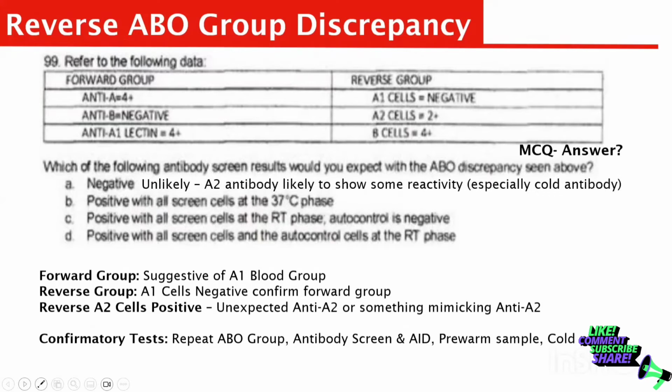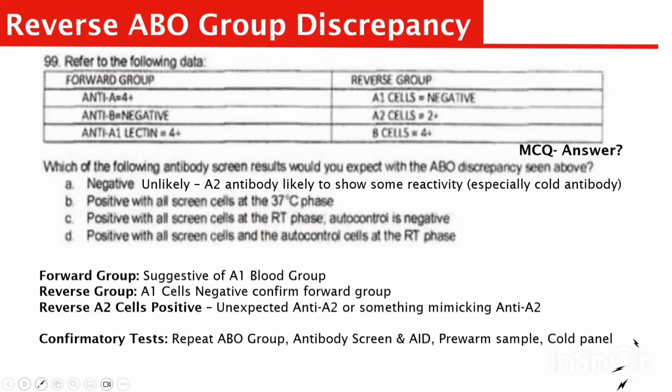One, I said it's very unlikely that it's going to be negative. Let me tell you why. If it is actually anti-A2, if it is A2 antibody, that means you can't get a negative result. It has to be positive. Something somehow has to show up in the reaction. Even if it is an antibody that is mimicking A2, something will show up.